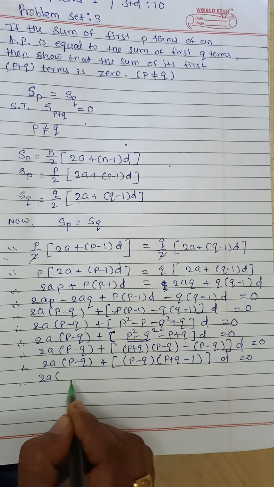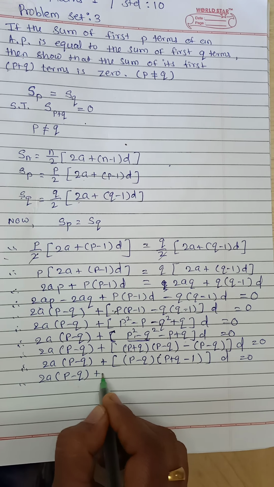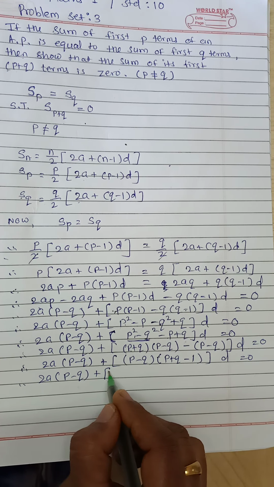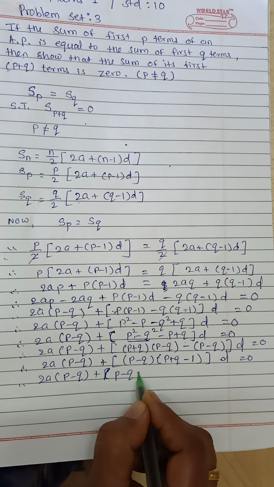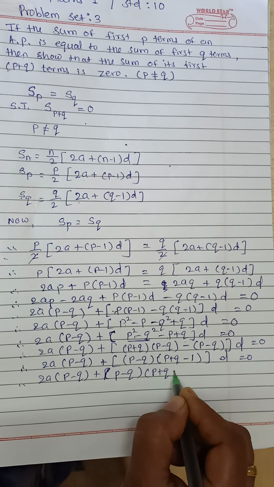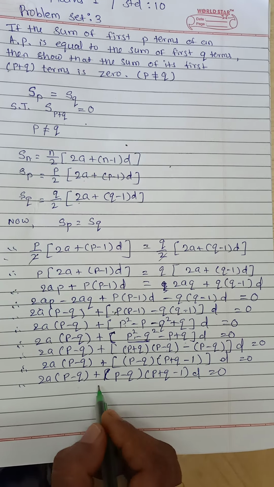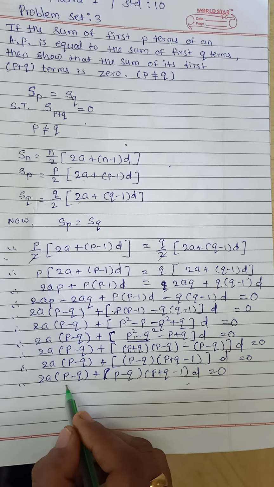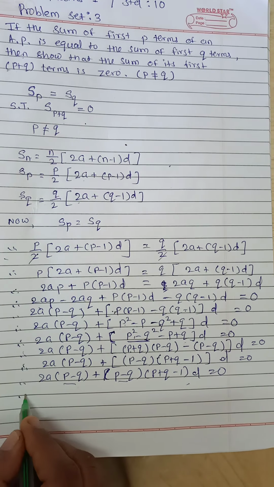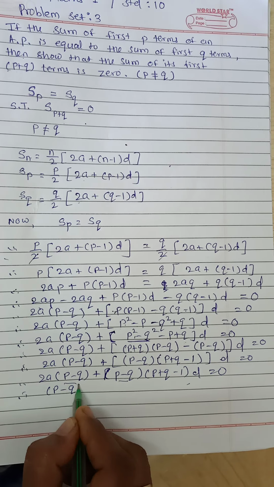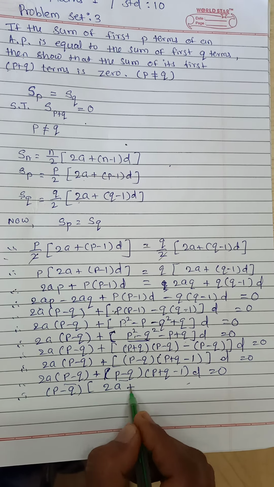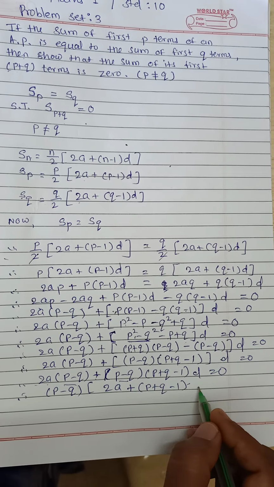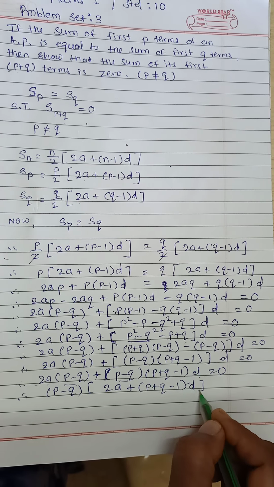Therefore 2a (p minus q) plus, will multiply by d, this is (p minus q)(p plus q minus 1) into d is equal to 0. Now here we have two terms, and again this p minus q is common, therefore (p minus q) in the square bracket [2a plus (p plus q minus 1) d] is equal to 0.